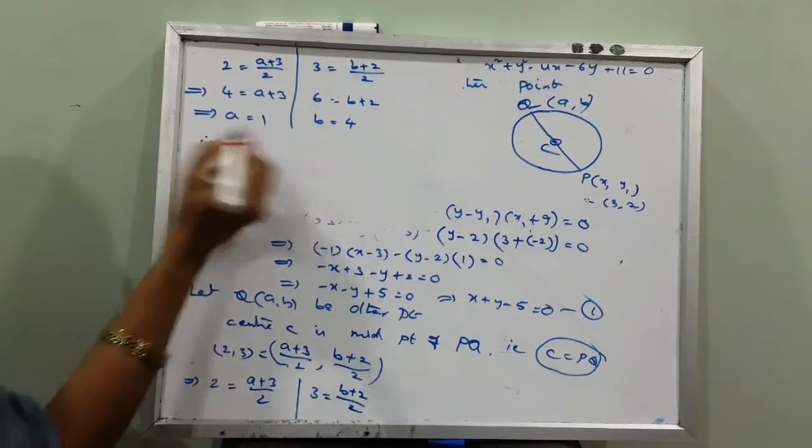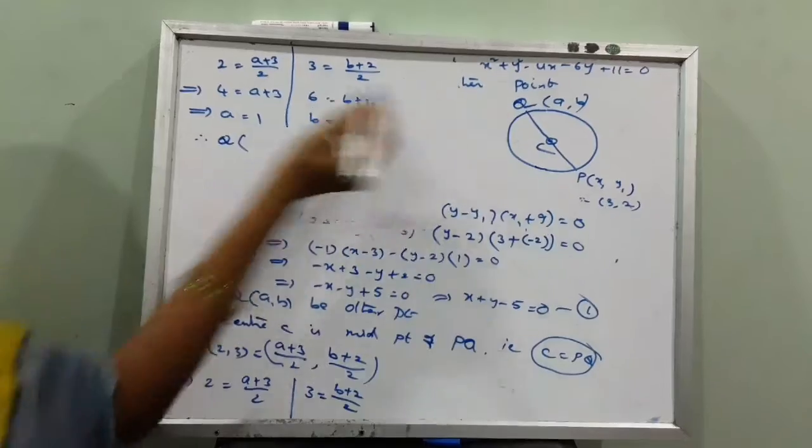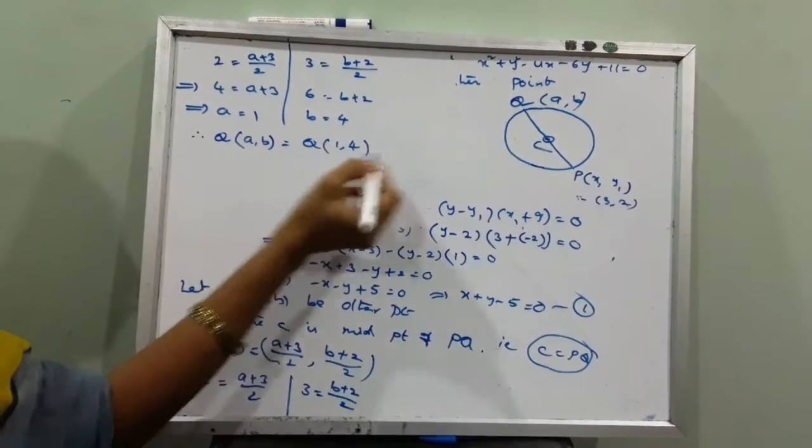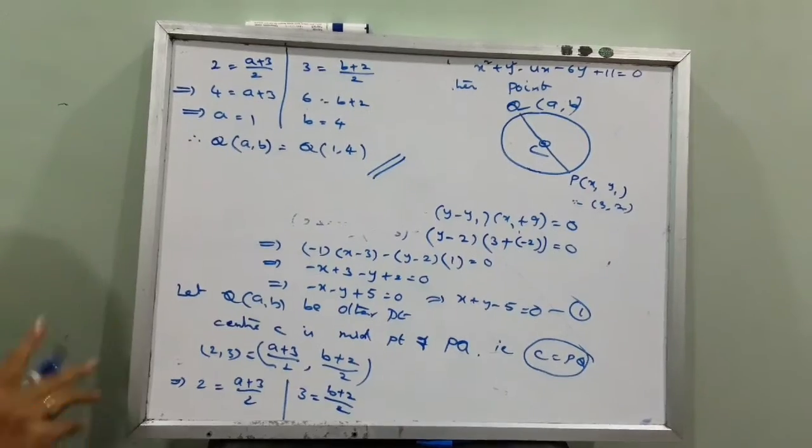Therefore, the required point is Q(a, b) equal to Q(1, 4). That is the solution.